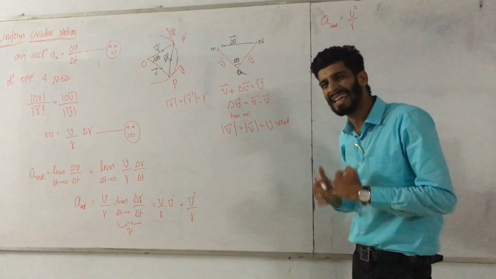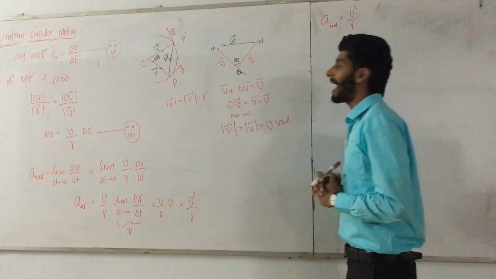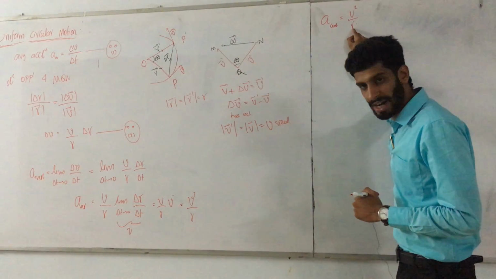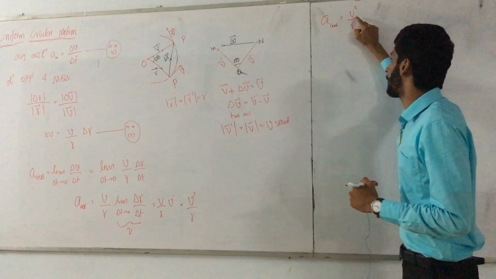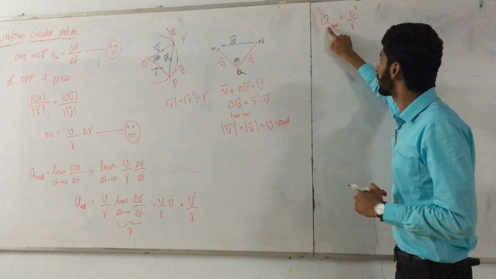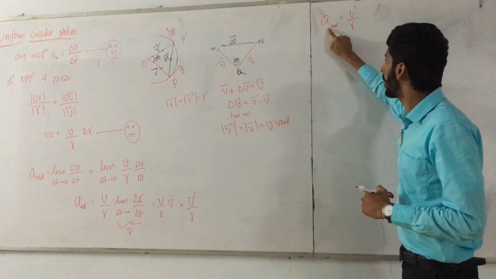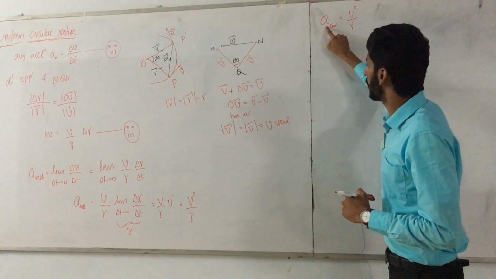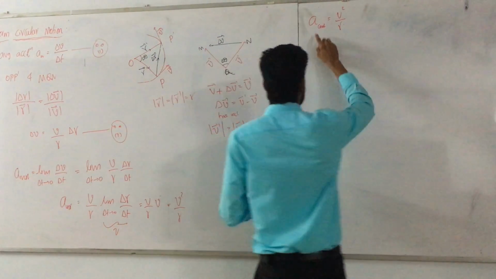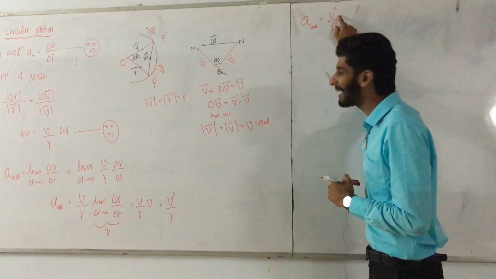Now, how would I increase the centripetal acceleration? By increasing the speed. If I decrease the radius, of course I can do that. However, by increasing the speed of the body moving in a circular path, I can increase the acceleration.